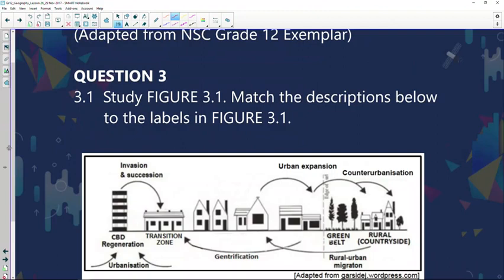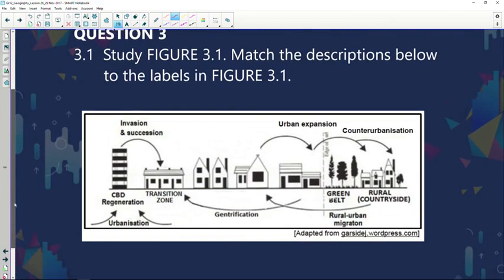Now the first question that we're going to have a look at is regarding settlement, and it's question 3.1. Study figure 3.1 and match the descriptions below to the labels. Our labels are urbanization, CBD, regeneration, invasion, there's a transition zone, gentrification taking place.